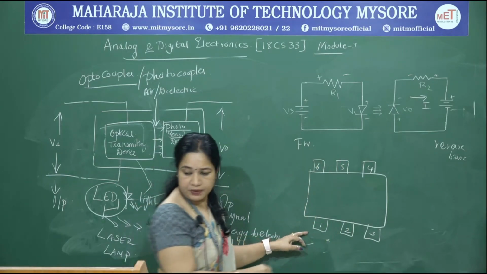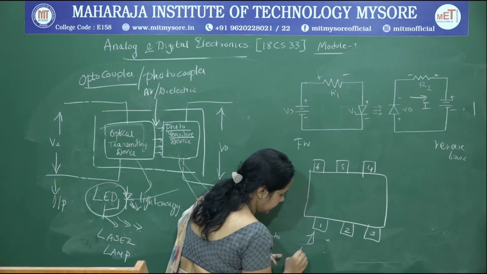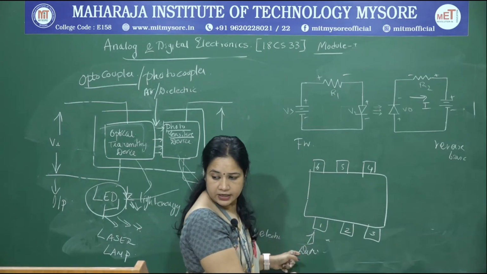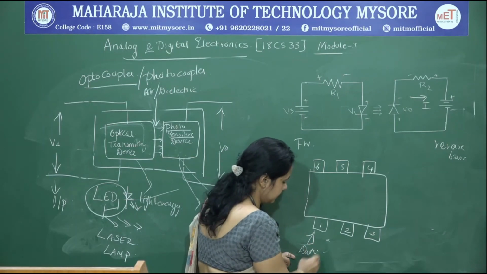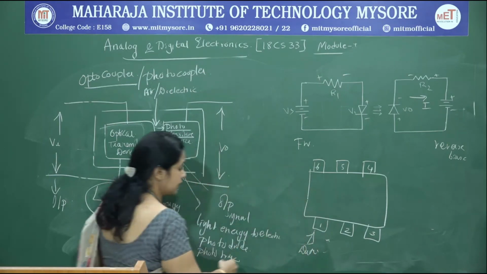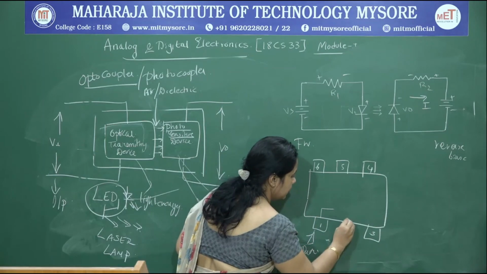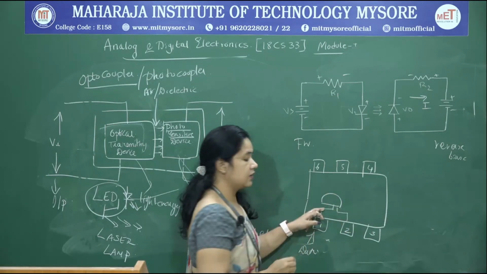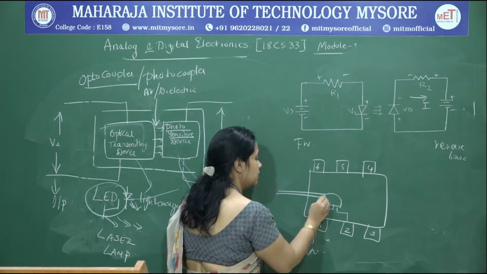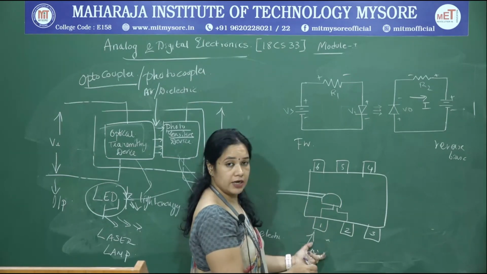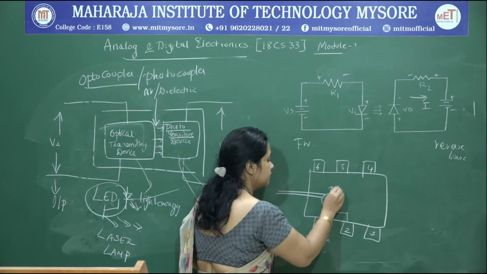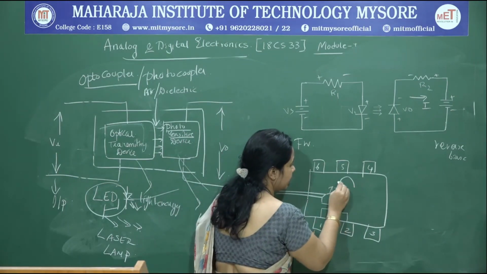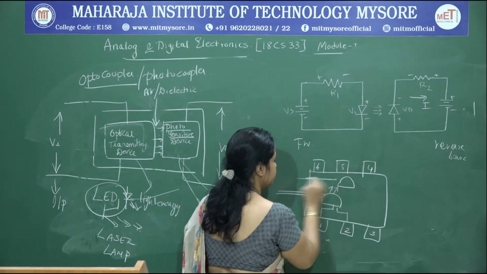Here, at this pin I am supplying data coming from the input circuit, and this is picked up by a transmitting device which converts your electrical signal to light signal, and this is picked up by a photo sensor.